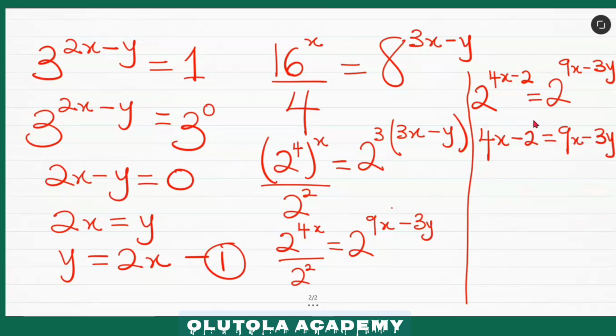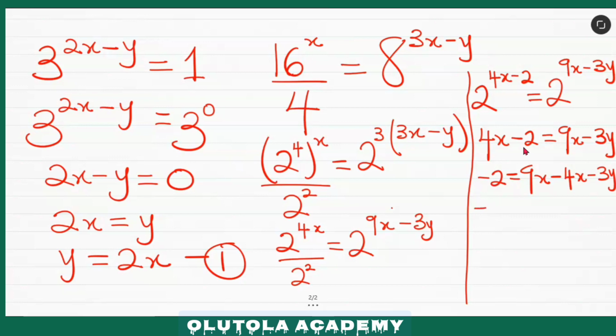So I can further rearrange this. I'll take 4x to the other side, and I leave 2 here, minus 2 here. So I will have minus 2 equals to 9x minus 4x minus 3y.